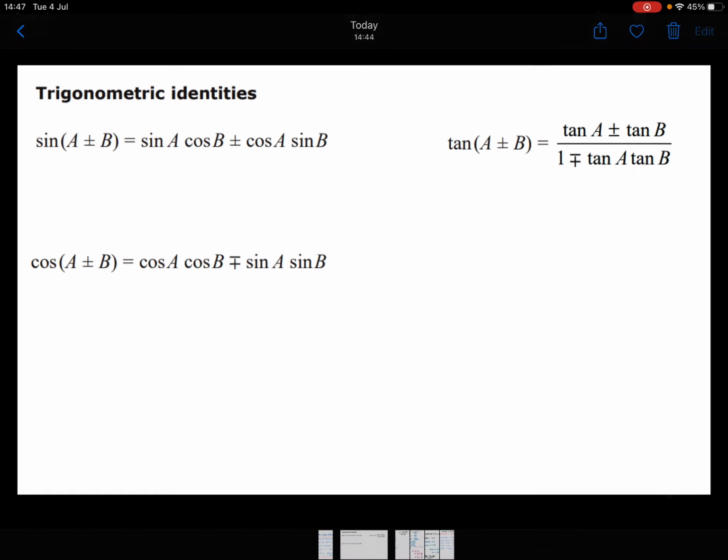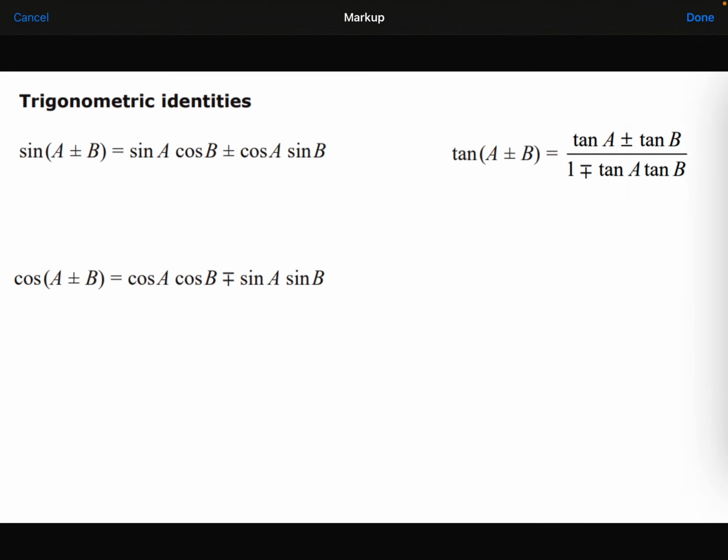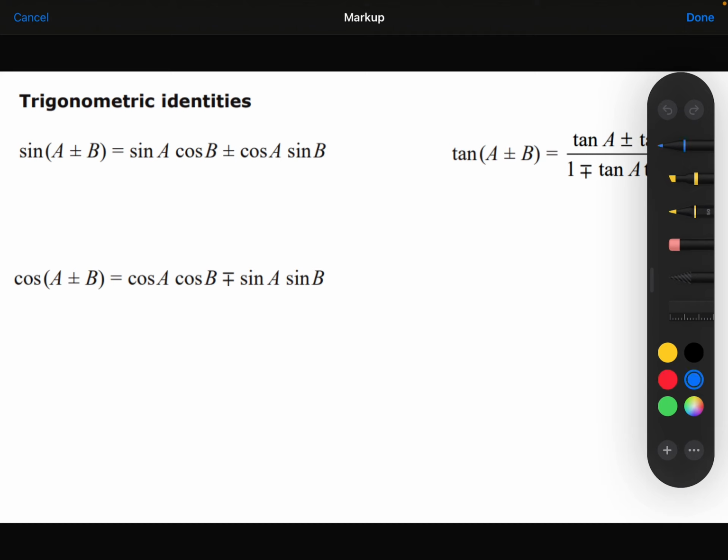So these are the addition formulae as they are given to you on the formula sheet. Sine A plus B is equal to sine A cos B plus cos A sine B. What I'm going to do is swap the A for x, and swap the B for x.